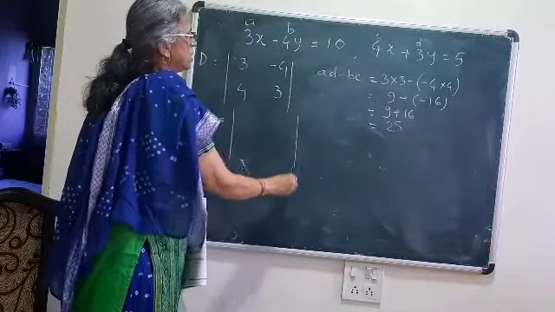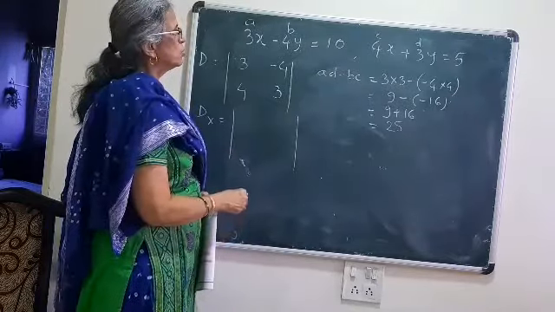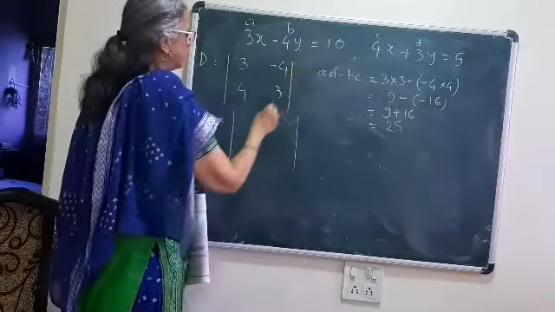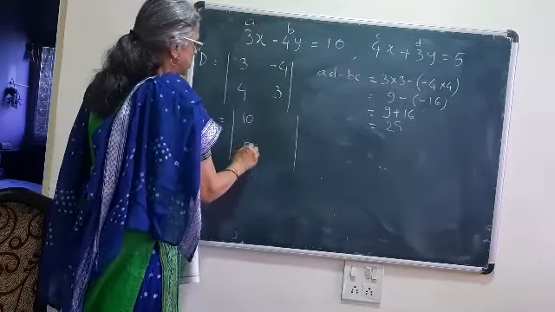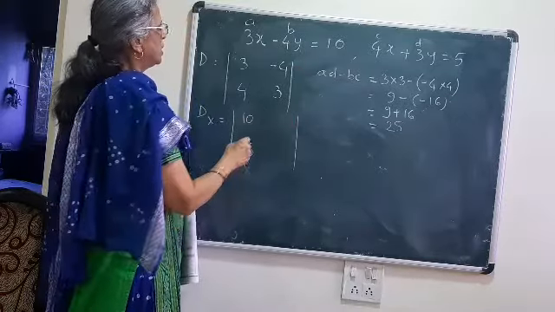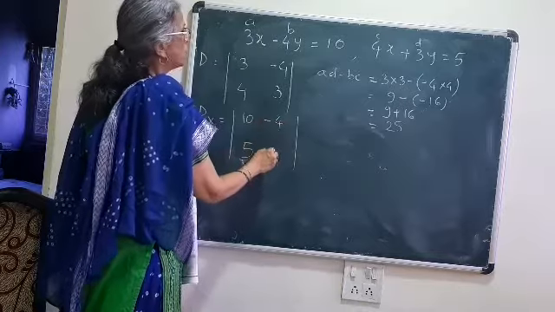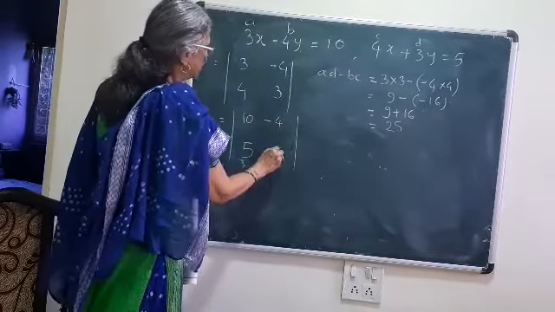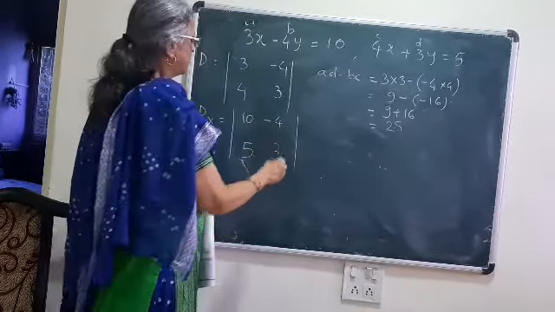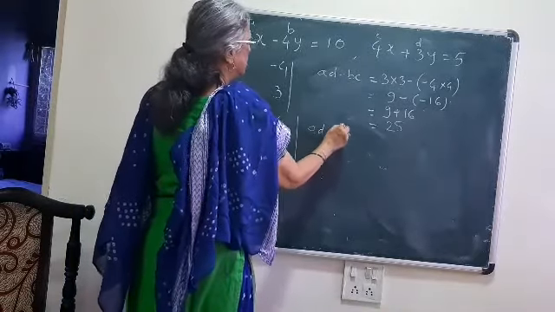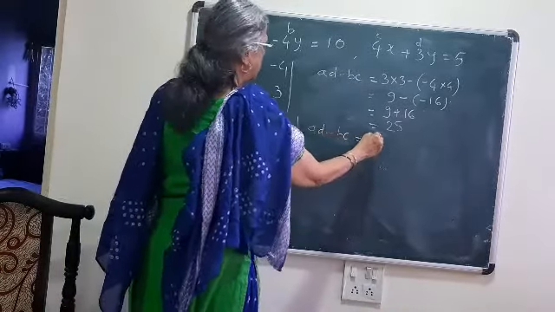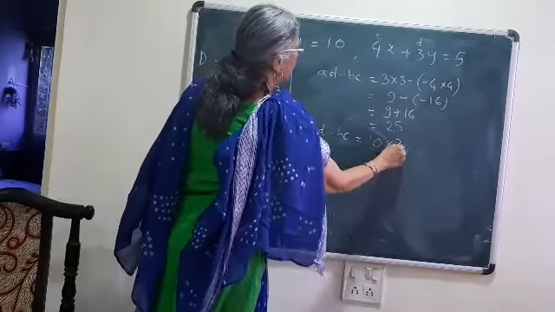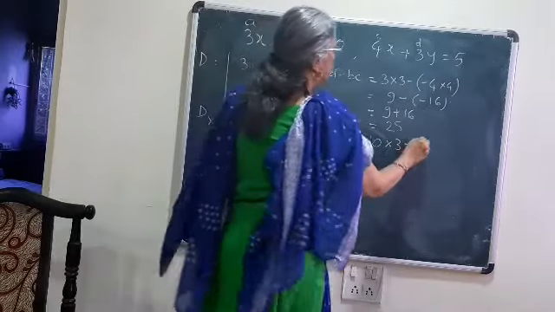Then we are going to find out Dx. For writing Dx, what we are going to do? We are going to write the constant terms first. As a method, you remember this 10 and 5, and then we write down the coefficients of y. So minus 4 and 3. So AD minus BC will give you 10 into 3 minus 4 into 5.